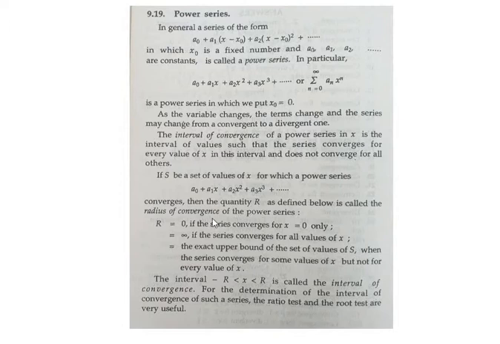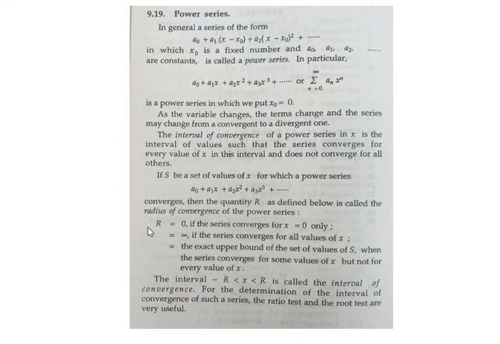Now let us see the different possible values of R and what they denote. R is 0 if the series converges for x equal to 0 only. R is infinity if the series converges for all values of x. R is equal to the exact upper bound of the set of values of S when the series converges for some values of x but not for every value of x.